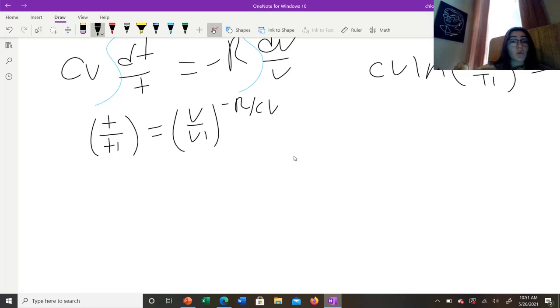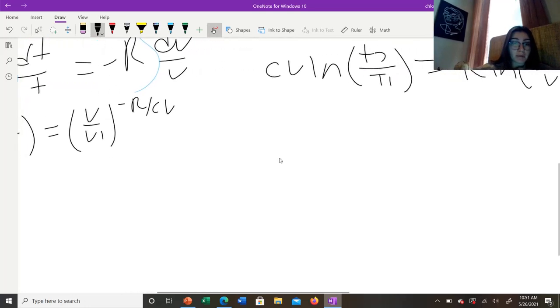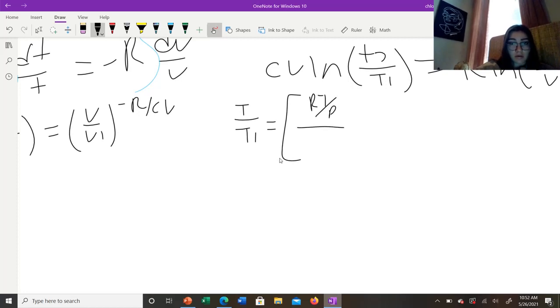From here, we're going to get rid of the V's and write it in terms of R, T, and P. So we're going to write T over T1 equals RT over P over RT1 over P1, still raised to the power of negative R over Cv.